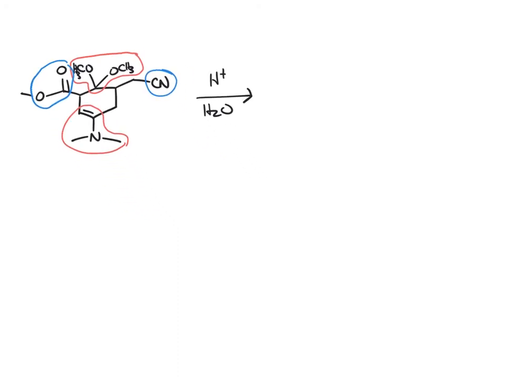sometimes it actually helps to not do too much at once and just do one group at a time. So let's go through and we'll just do, we'll start with the acetal. Right, if that gets hydrolyzed, this carbon becomes the carbonyl.